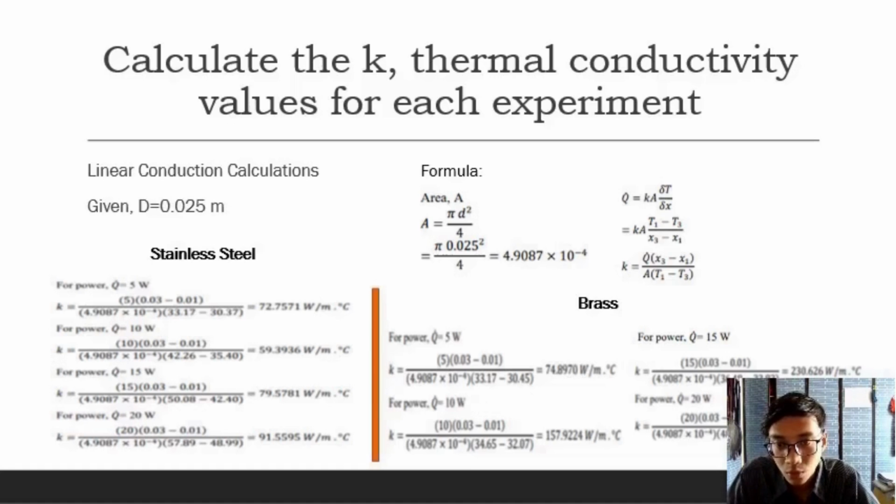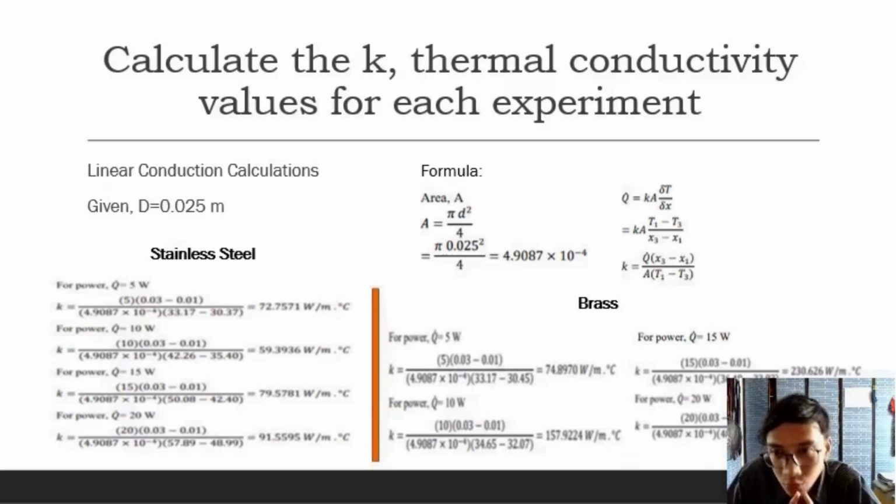Then we need to substitute all the values in the formula of K, which is K equals 5, where 5 is Q, and 0.03 minus 0.01 for the x points we assume, divided by area and multiplied by the difference of the temperature.